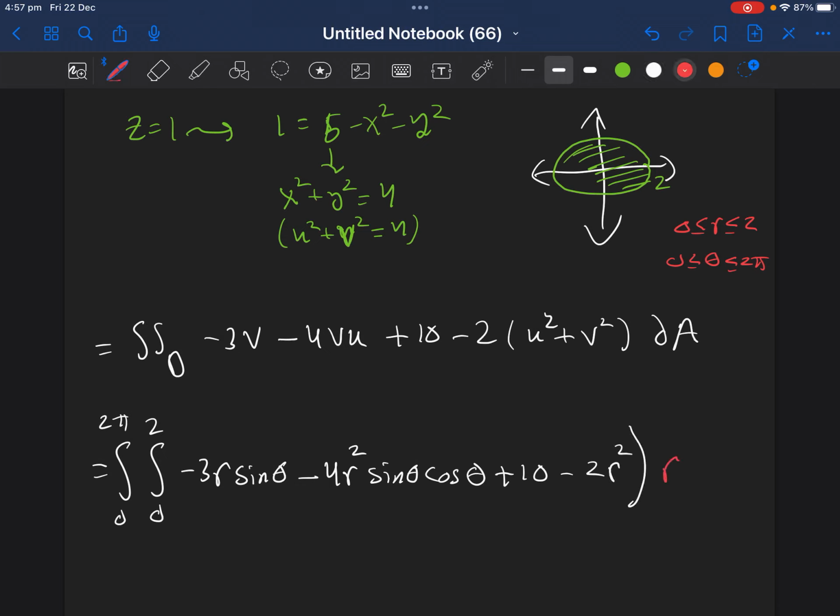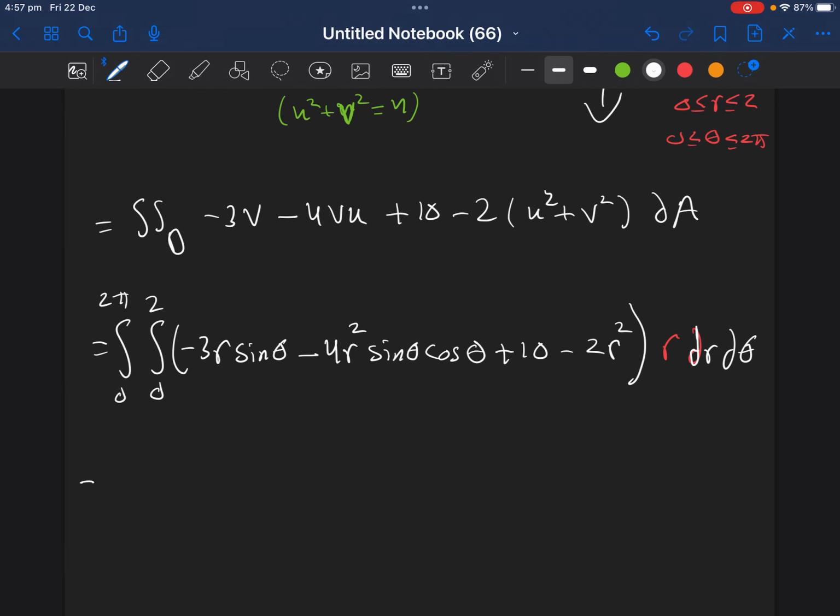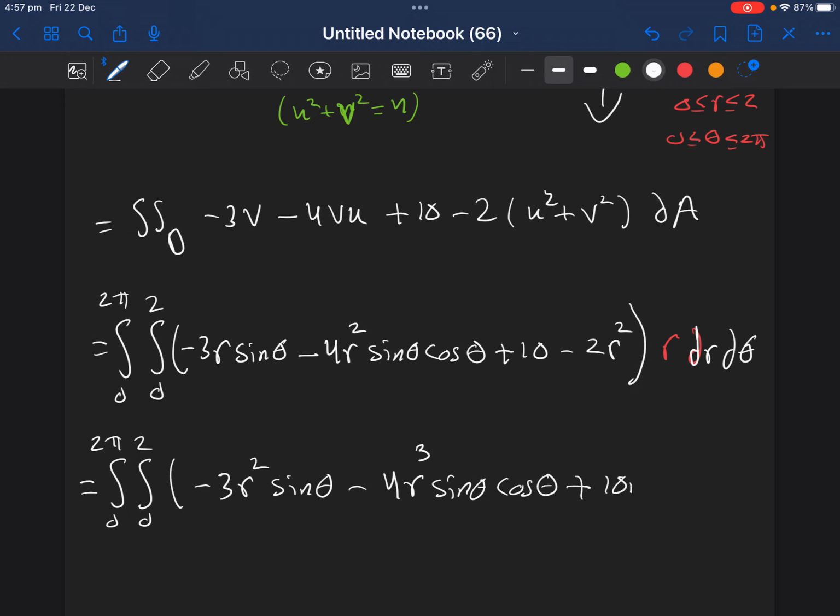And then don't forget there is an extra r here because I'm changing to polar coordinate, dr d theta. Now if we distribute, it will be minus 3r squared sine theta minus 4r cubed sine theta cosine theta plus 10r minus 2r cubed d theta.